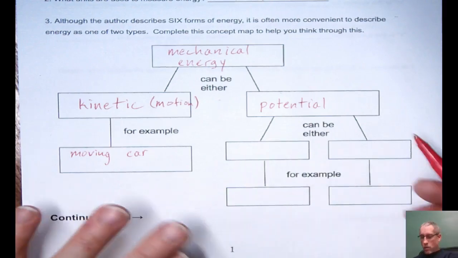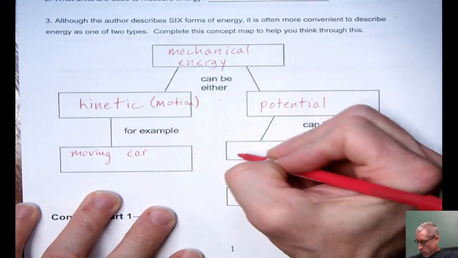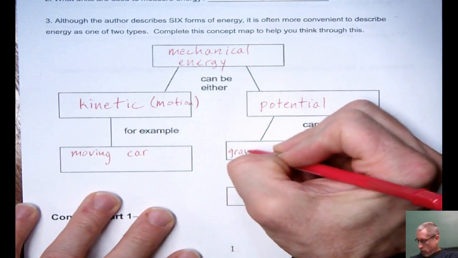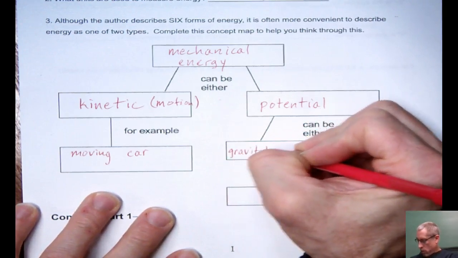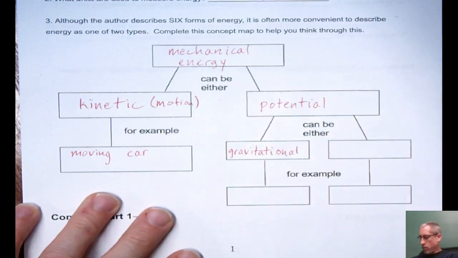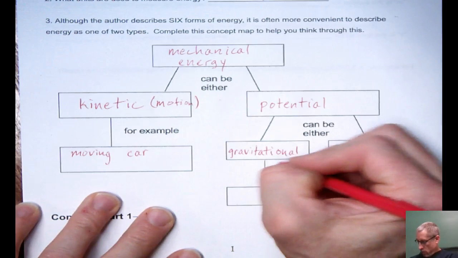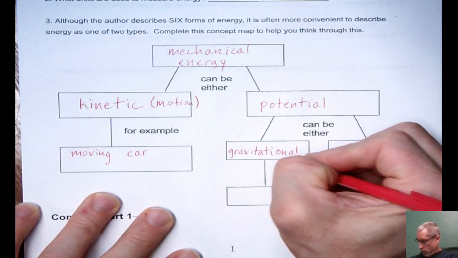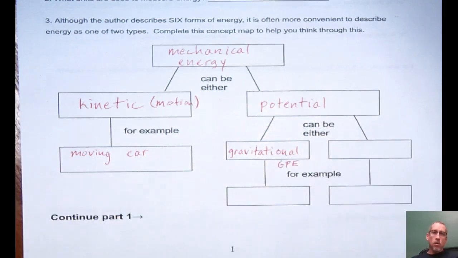This also can take two forms. The one that we will deal with most in here is known as gravitational potential energy. My abbreviation for this will be GPE, gravitational potential energy.